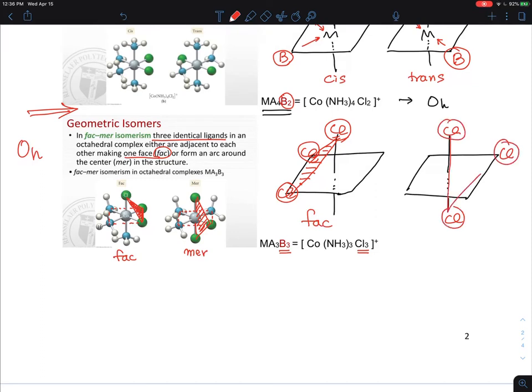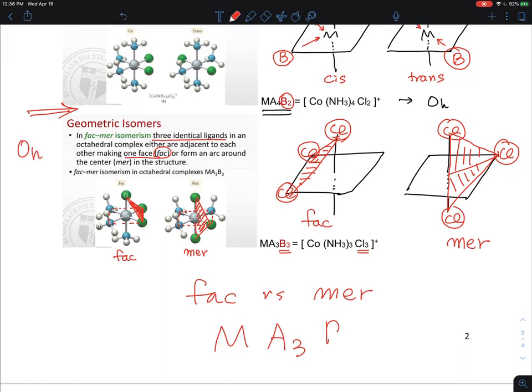Those planes, it's easier to put a little reference line, and those are the planes going through, and that's called the mer isomers.